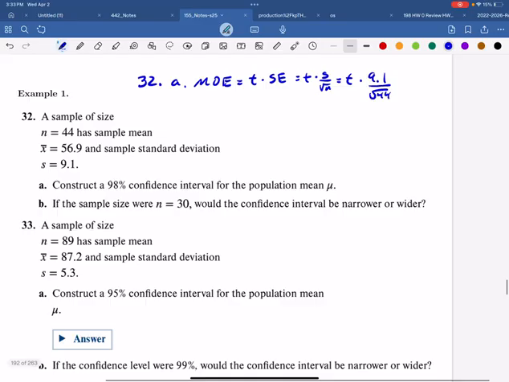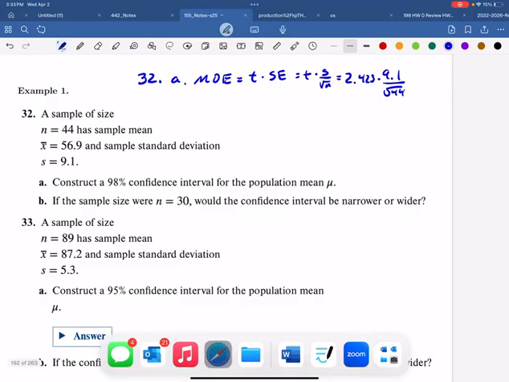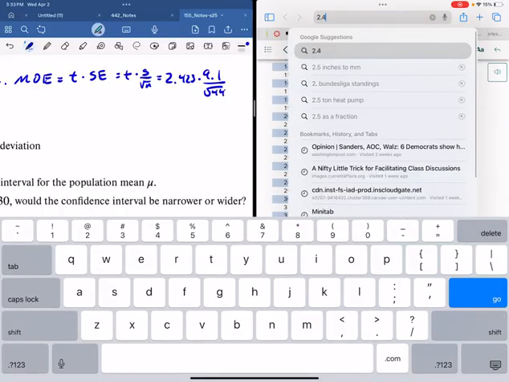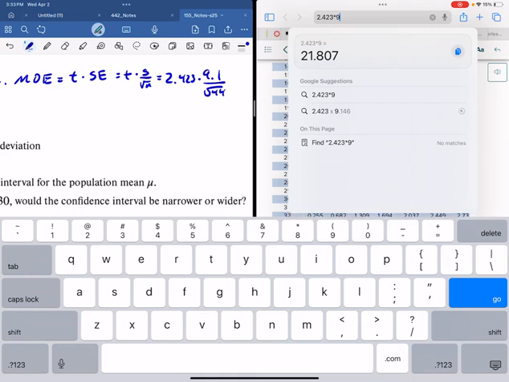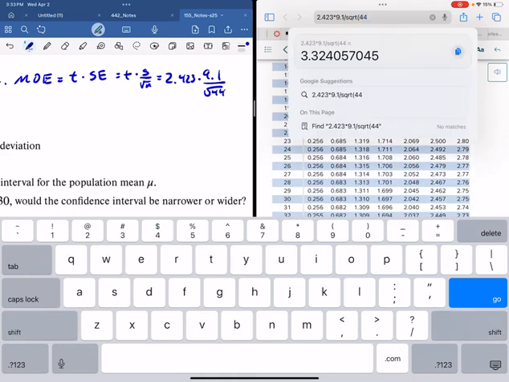So this is really t times this stuff. And if we just multiply that stuff out, what's that going to give us? Let's just use a calculator really quickly. 2.423 times 9.1 divided by the square root of 44. 3.32.